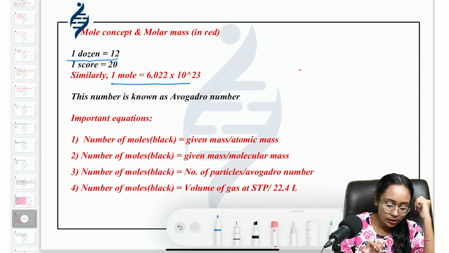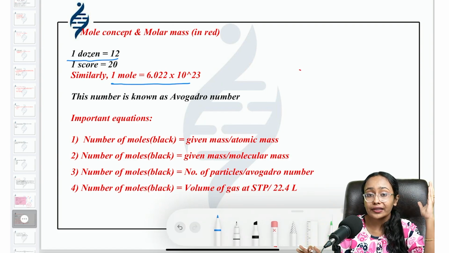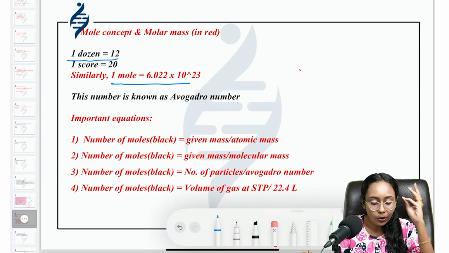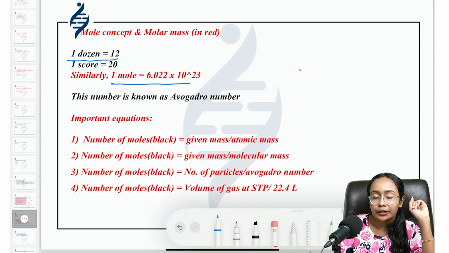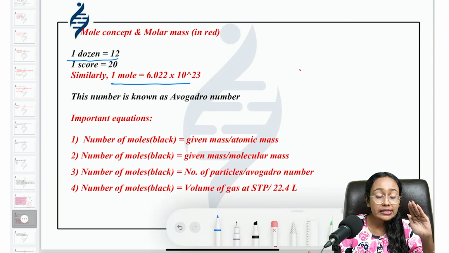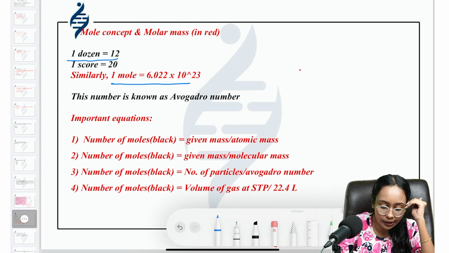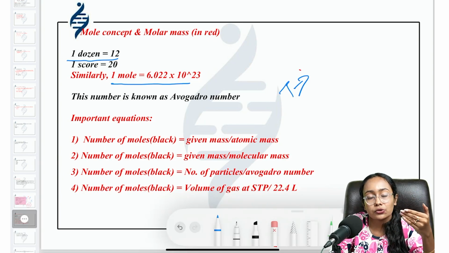Now comes the fourth equation, the last equation to find the number of moles in a given substance. Number of moles equal to volume of gas at STP divided by 22.4 liters. This equation can only be used in the case of STP. STP means standard temperature and pressure condition. You have learned about the STP condition in 10th, 9th I guess.